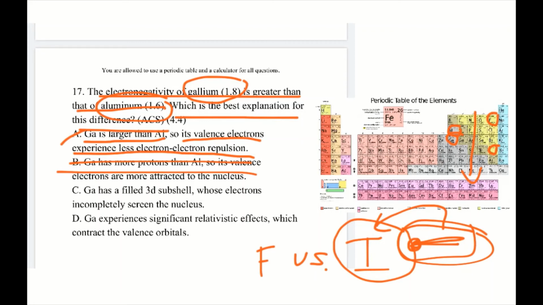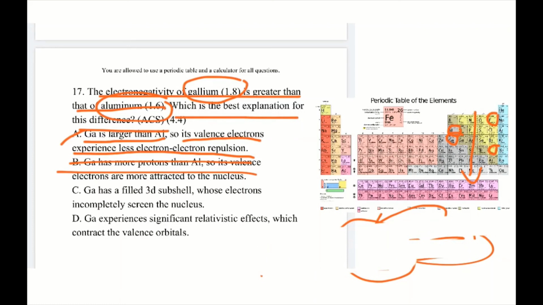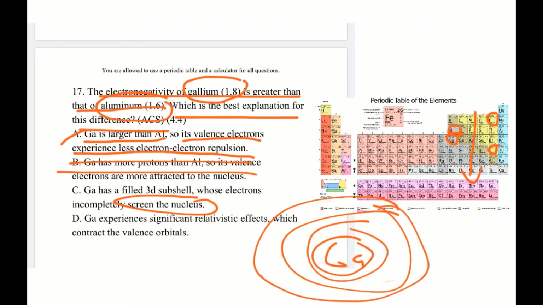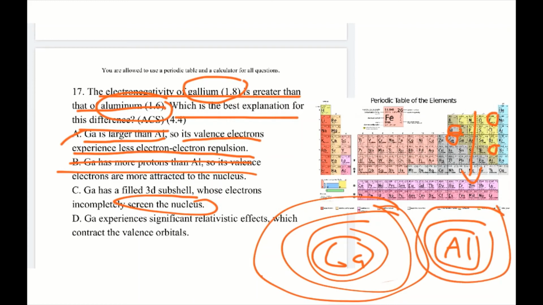Gallium has a filled 3d sublevel whose electrons incompletely screen the nucleus. Now this rings a bell. Incompletely screening the nucleus has to do with Zeff. And if we think about it, let's just draw gallium, and let's draw maybe 4 circles, since it has 4 p electrons according to the periodic table, and aluminum has just 3 p electrons, so let's draw 3 rings.